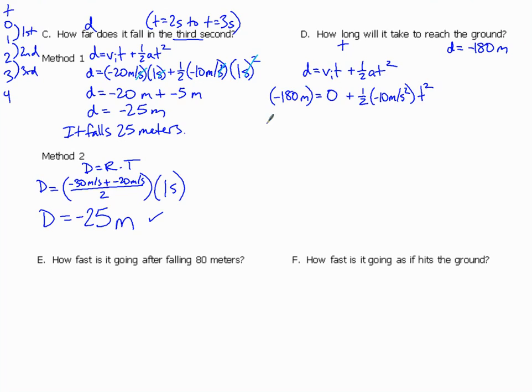So negative 180 equals negative 5 meters per second squared times t squared. Divide both sides by negative 5, and we end up with 36 seconds squared equals t squared, and time equals 6 seconds.